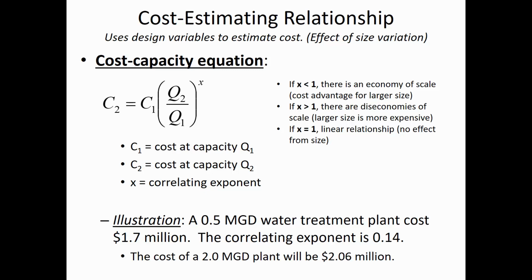Okay, can I get you to check that? I have it here on the projector that it should be 2.06 million, but let's see if it works out that way. Okay, so it's 4 to the power of 0.14, and then I multiply that by 1.7, yeah, 2.06 million.